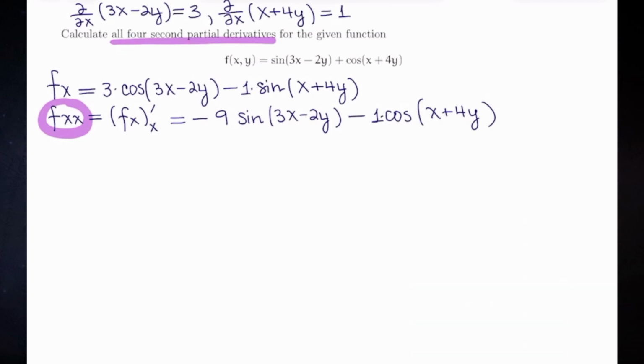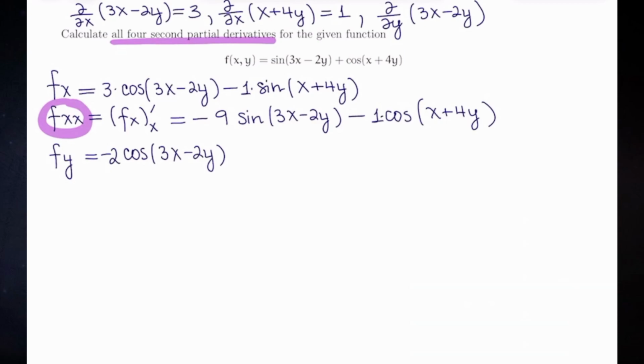Let's go ahead and do the same thing with respect to y. So f sub y. The derivative of sine is cosine, the argument stays the same, and now the derivative of this argument with respect to y is going to be negative 2, right? So negative 2 comes here.